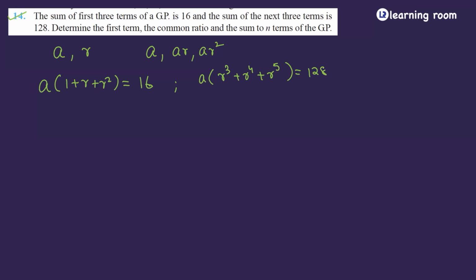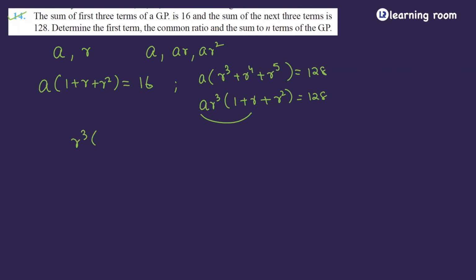I can take out R cube outside so that it will become AR cube into 1 plus R plus R square is equal to 128. Now, if you observe, here I have A into 1 plus R plus R square as 16. So, can I say that R cube into 16 is going to give me 128?